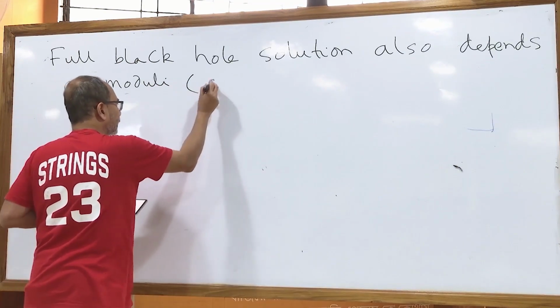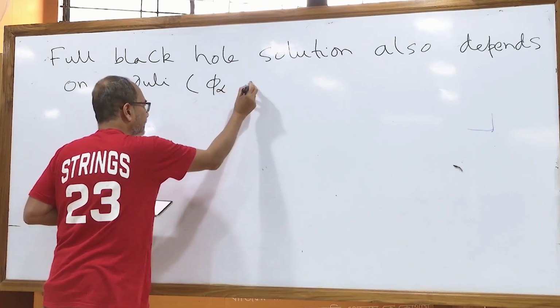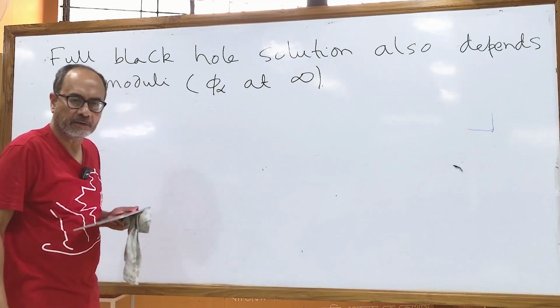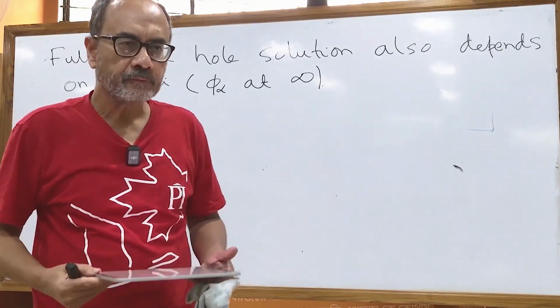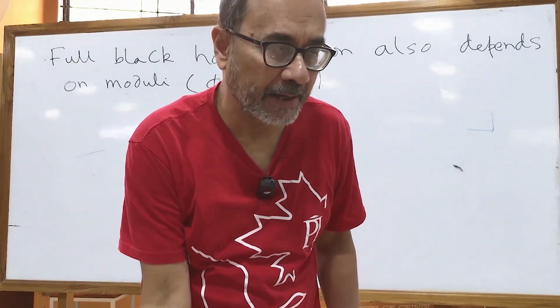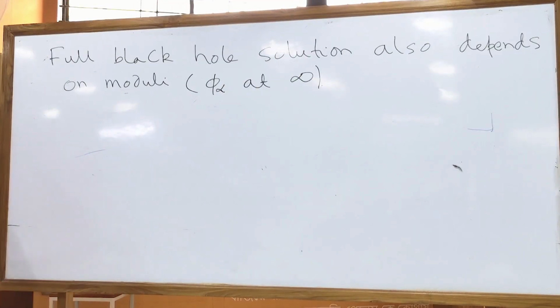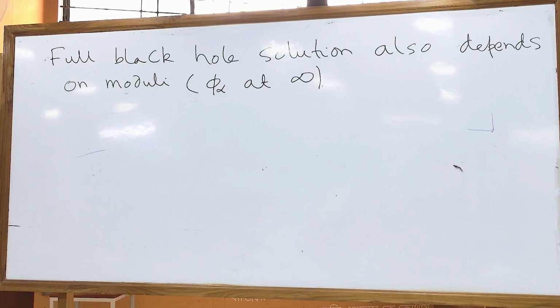The moduli, if you recall, are the vacuum expectation values of the scalar fields at infinity, when you are far away from the black hole. That's the meaning of the moduli fields. So while the black hole solution depends on these moduli fields, what this near horizon analysis tells us is that the entropy is only a function of the charges and doesn't care about the asymptotic values of the scalar fields. What the scalar fields were at infinity has no bearing on what the entropy is, because entropy is determined purely in terms of the charges.